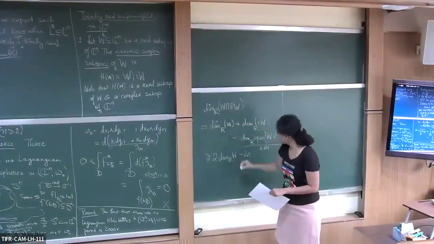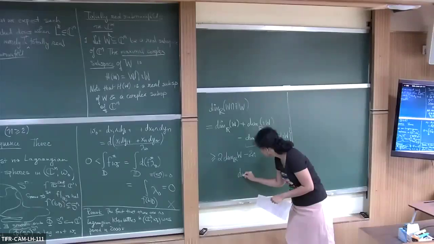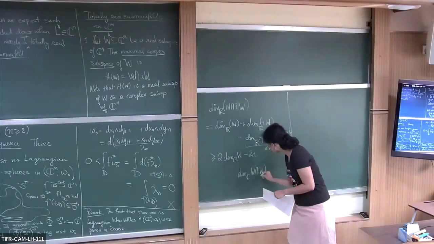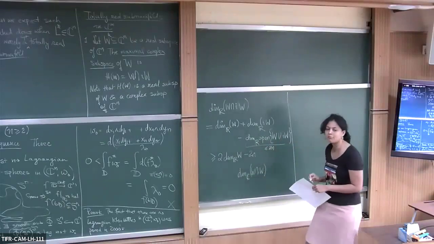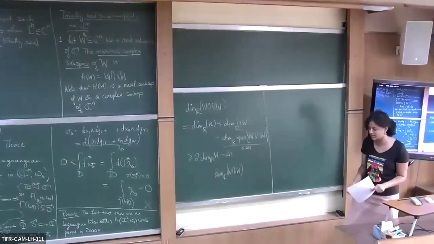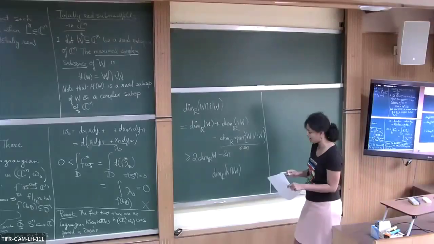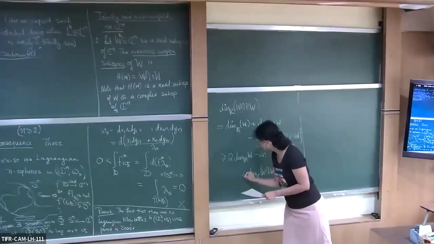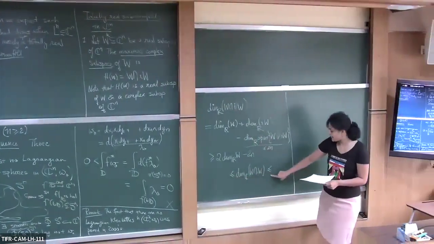And so what I get over here is that if I want to look at the complex dimension of the maximal complex subspace of W, so W is just a real subspace, I want to know what can be the maximal complex dimension of W. I have some bounds here. So what do I have as an upper bound?